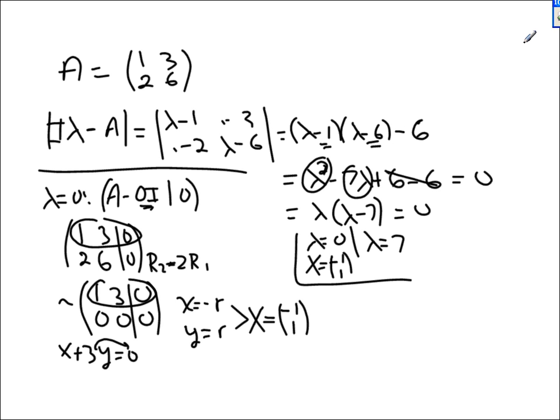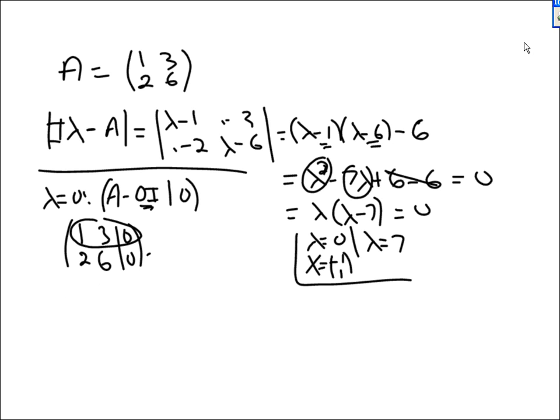Now we're going to let lambda equal the number 7. So I'm not taking away 0I, I'm taking away 7I. That means I'm taking away 7 from the diagonals. Minus 7, minus 7.